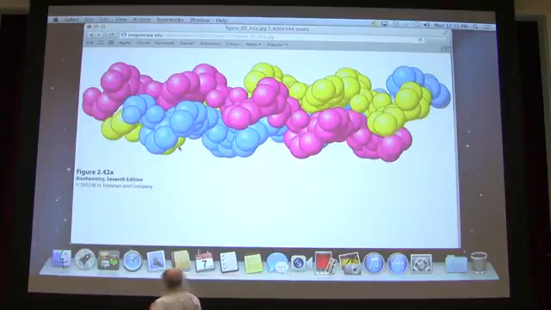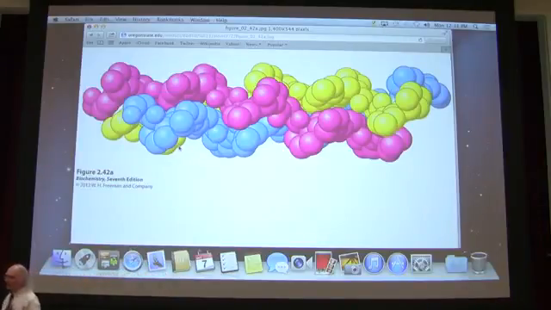It turns out that there is a reaction that occurs to modify some of the amino acids in collagen. We haven't talked about modifying amino acids. It's appropriate now we talk about that. Some amino acids in proteins get modified after they're put into a protein.